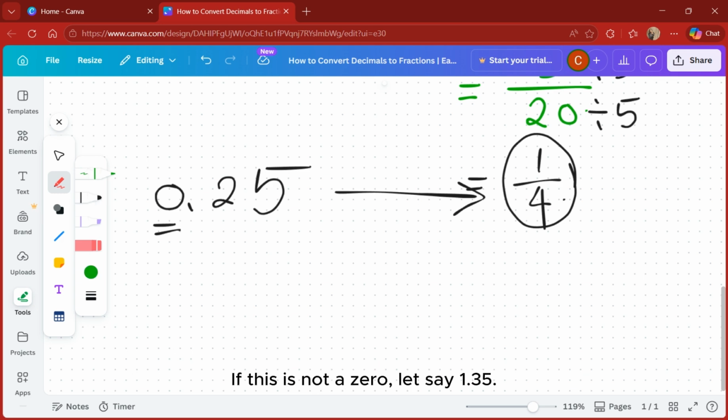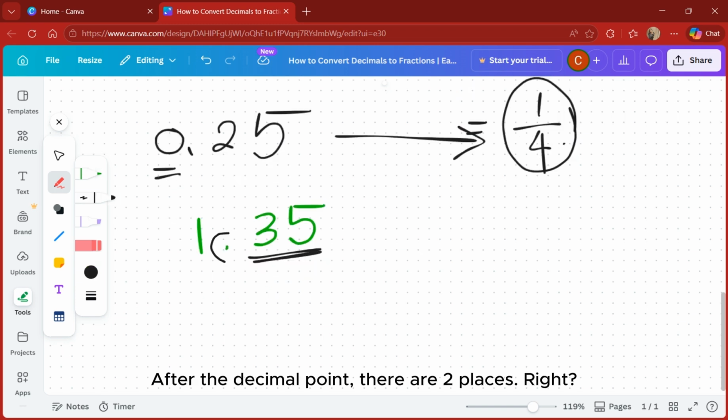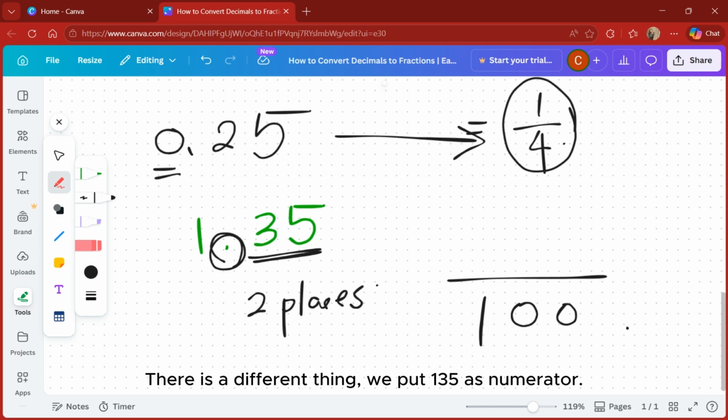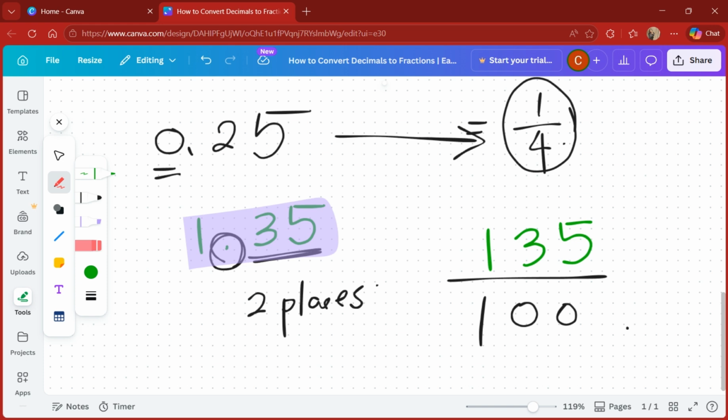Okay. If this is not 0, let's say 1.35. Okay. How to convert it into the fraction? After the decimal point, there are 2 places, right? So we put 100 here. But now they are different things. 135. So very easy.